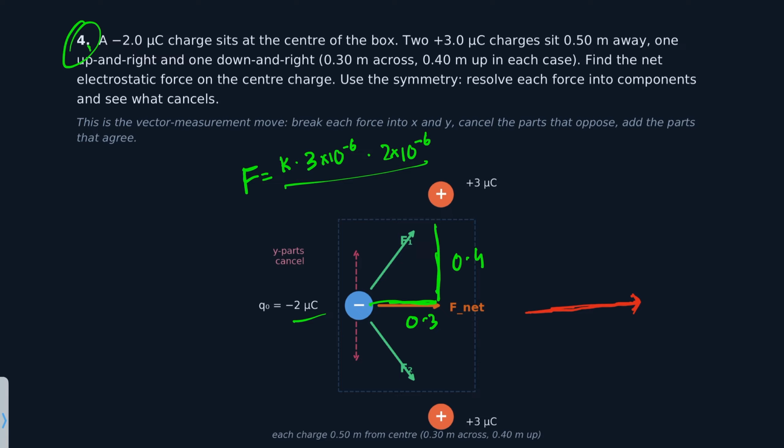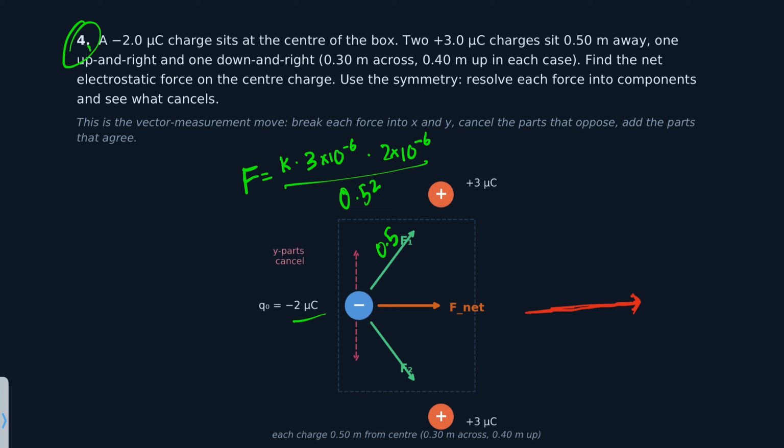If you remember your Pythagorean triple, a 3, 4, 5 right triangle is the same as a 0.3, 0.4, and 0.5. The Pythagorean triples stay the same no matter what you divide them by, if you divide all of them by the same number. So we know that would be 0.5, and then we can say here over 0.5 squared.